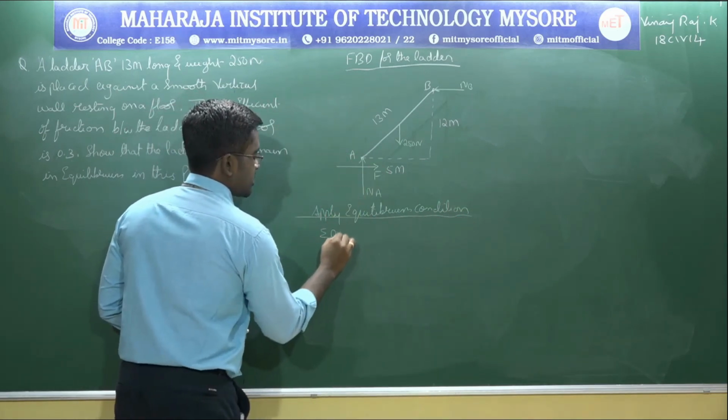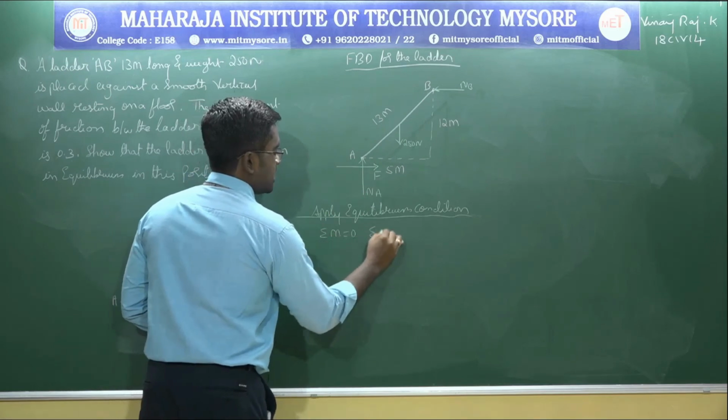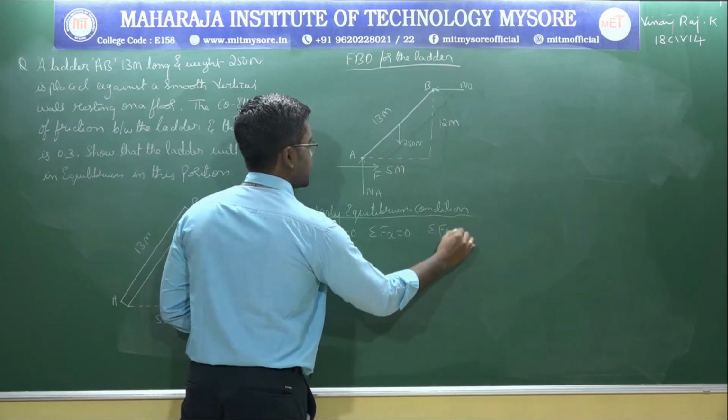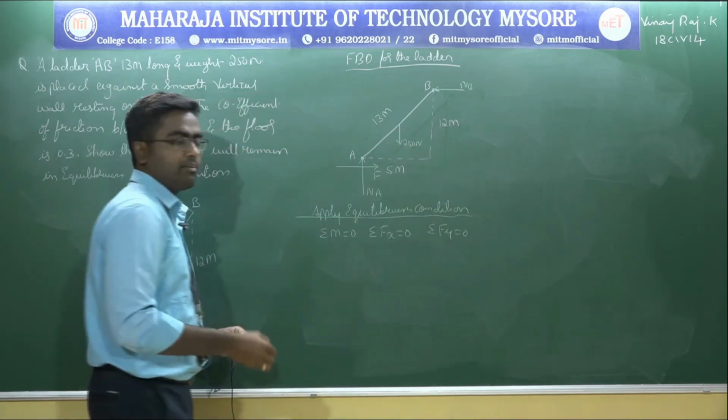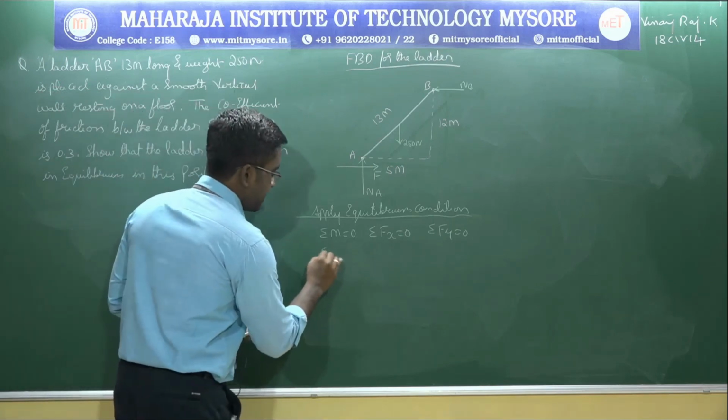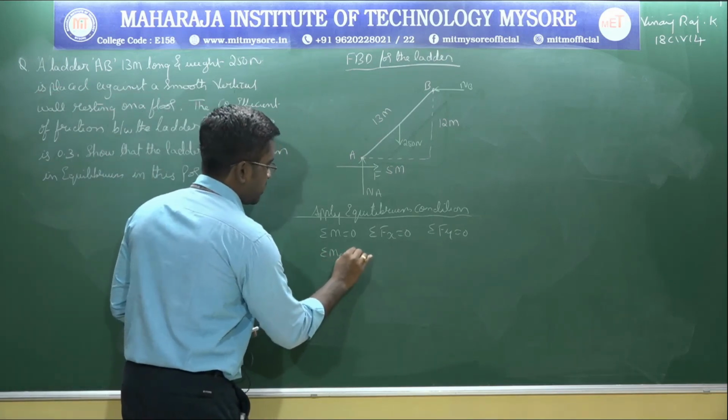First, summation of M is equal to 0, summation of Fx is equal to 0, and summation of Fy is equal to 0, because this free body diagram is a non-concurrent system, right? So first let me apply summation of MA is equal to 0.